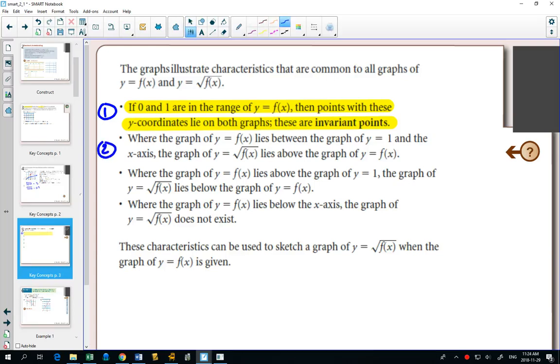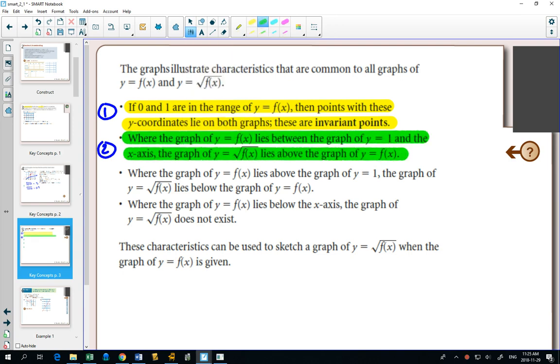Number 2. Where the graph lies between 0 and 1, the square root graph will be above. So between 0 and 1, square root of f of x is above f of x.